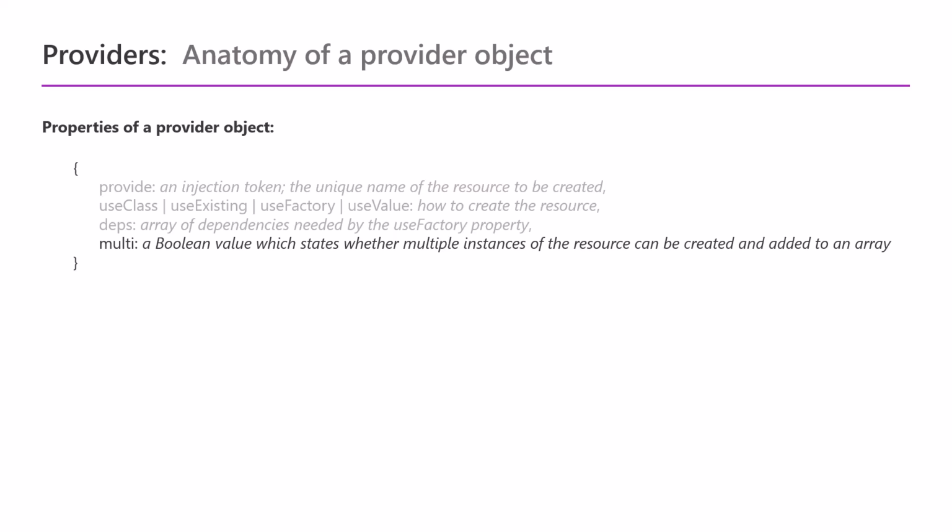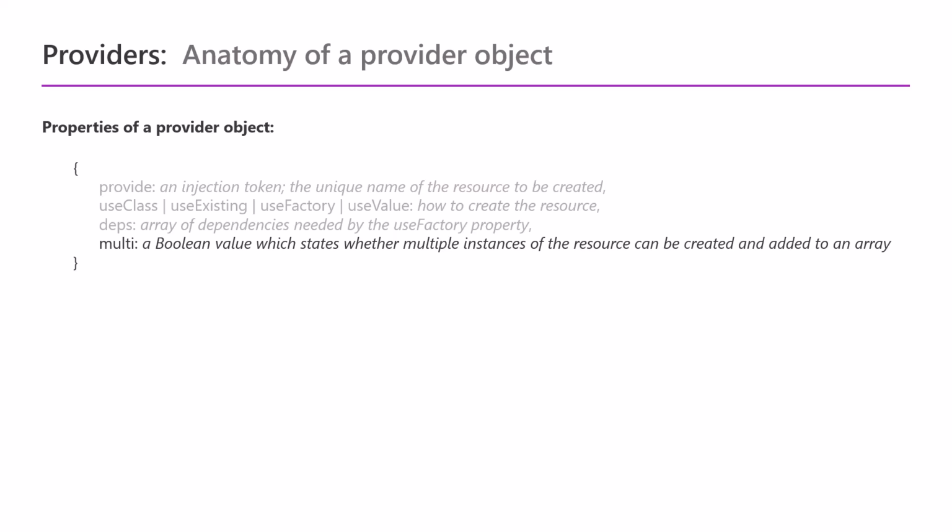The multi property is a Boolean value, which states whether the injection token used in the provide property can have only one provider object that uses that token, or whether it can have multiple provider objects that use that token. When multi is set to true, each of the provider objects that has the same provide injection token will all be put into an array of provider objects.